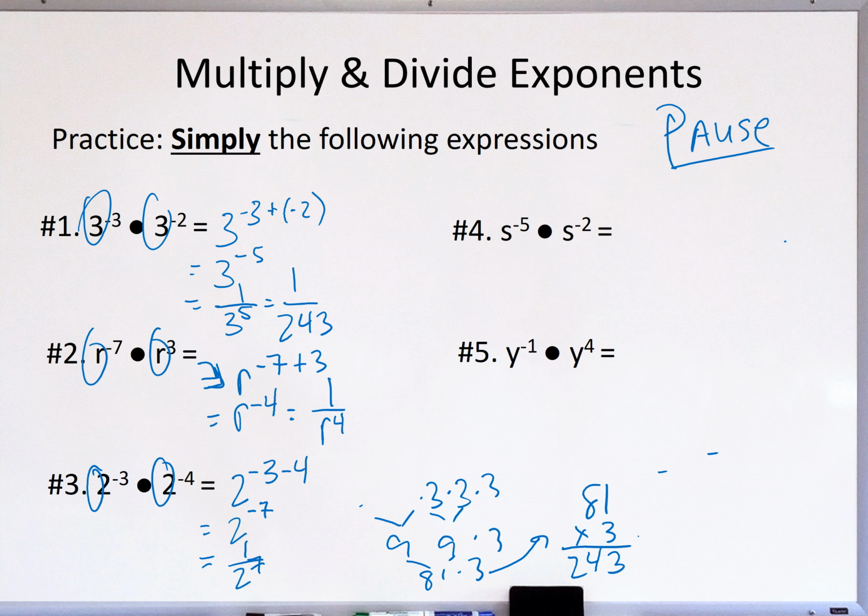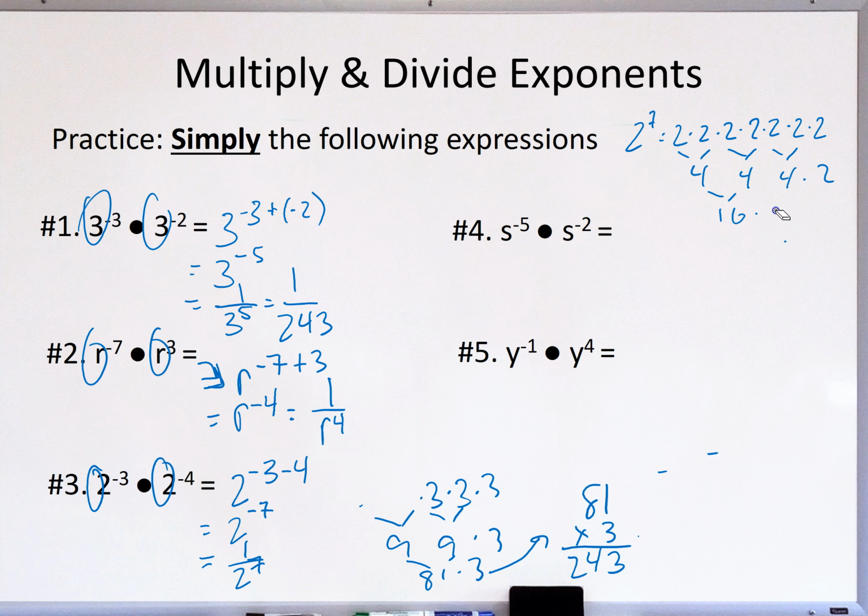And I'm going to find some room over here. So 2 to the 7th power is 2 times 2 times 2. That's 3 times 2, 4 times 2. That's 5 times 2, 6 times 2, 7. So that gives me 4. That gives me 4. And that gives me 2. Well, that gives me 16.